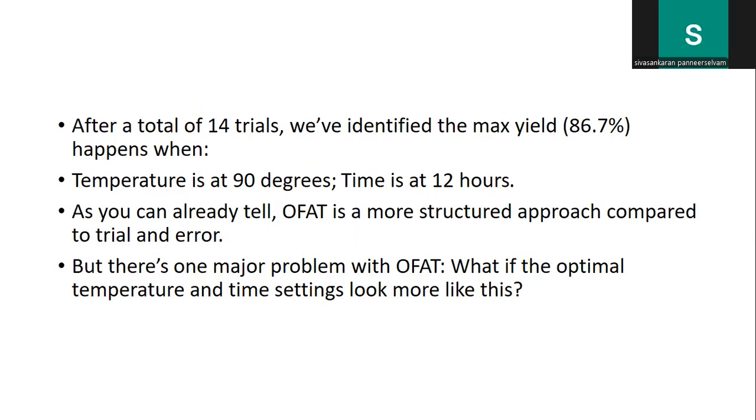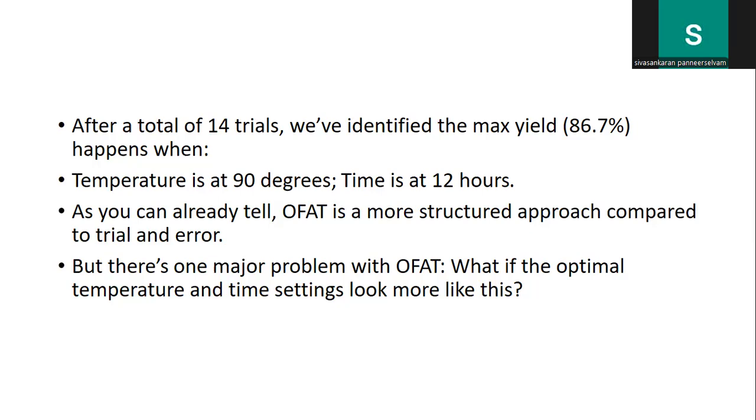By doing the same for many trials, say 14 trials, it is observed to be 86.7%, the maximum percentage of the efficiency. So under what input circumstances are we getting this? When the temperature is 90 degrees, time is 12 hours. So we are able to get this percentage of yield.